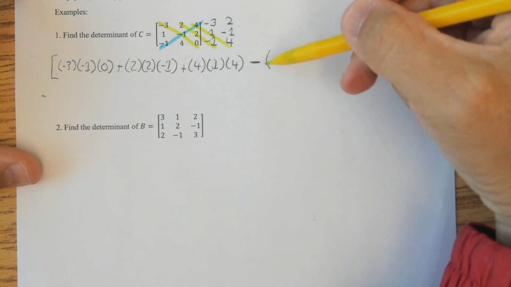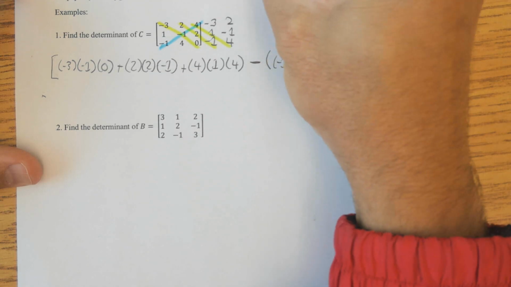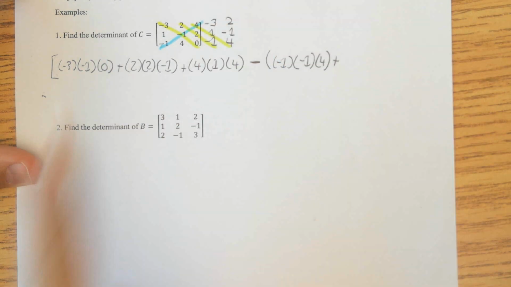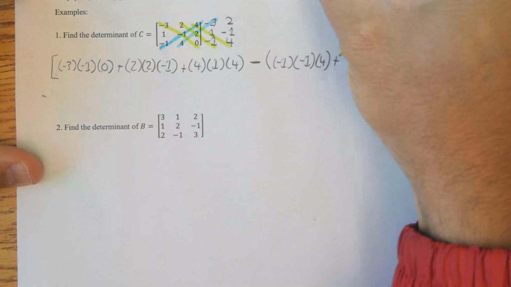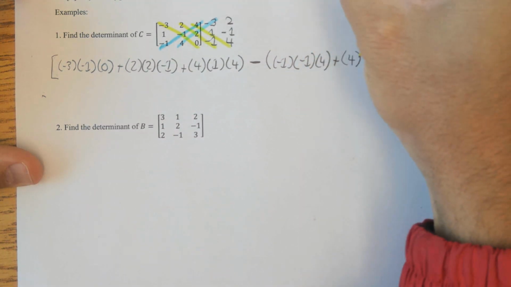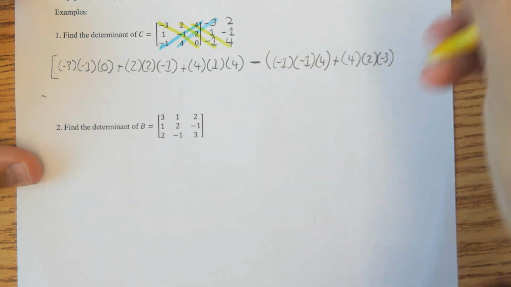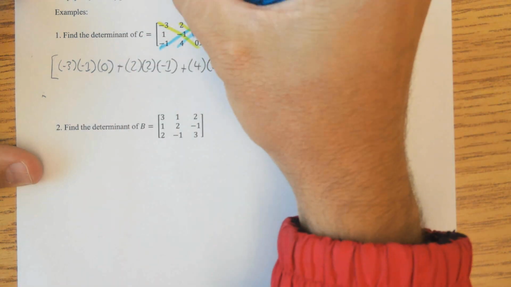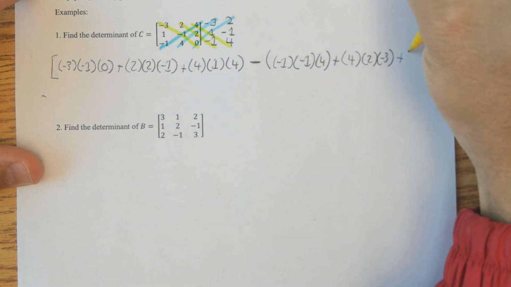Okay, so we're going to get -1, -1, and 4, plus 4, 2, 3, and that's a -3. And then last but not least, one last line here, we've got 0, 1, and 2.